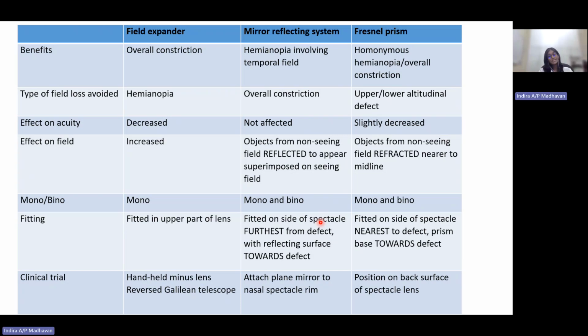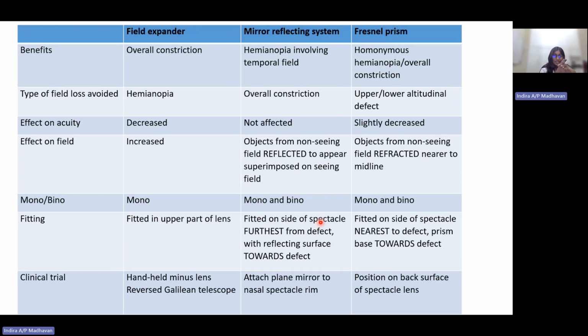Prescribing monocularly or binocularly depends on the condition of the patient. If the patient has hemianopia at the temporal side in both eyes, then both eyes need to be fitted with the mirror reflecting system, with the mirror on the lenses. Then how do we fit this? We fit it on the side of the spectacles furthest from the defect.